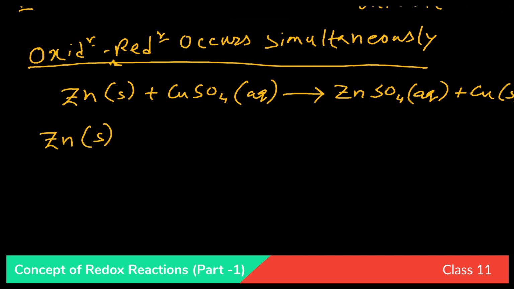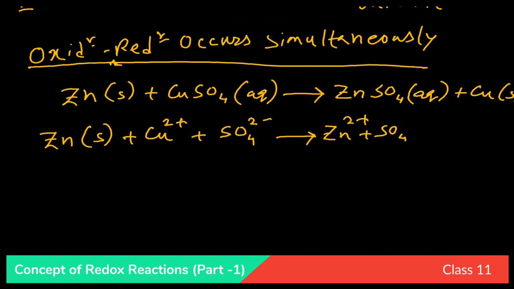This will remain like this, plus Cu2+ SO4 2-. Okay. Now I can here write Zn2+ SO4 2- plus Cu. So I have just broken the CuSO4 compound into two different ions, the cationic part and the anionic part.